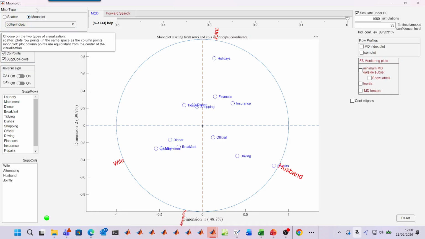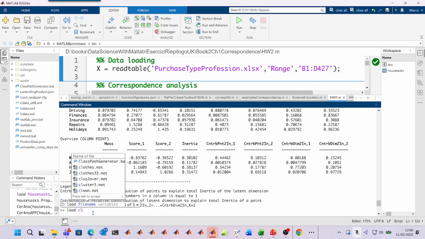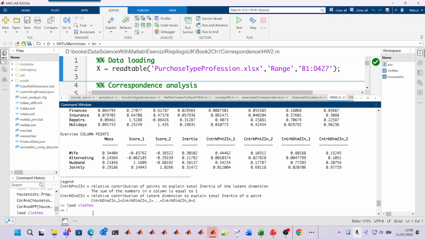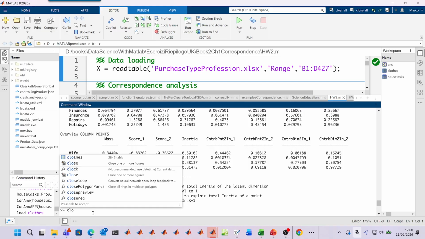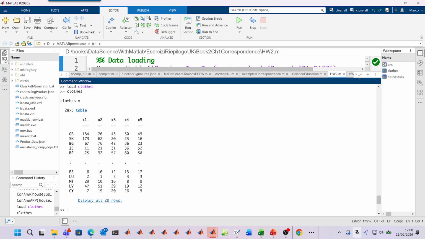Now, let us see the last example, which is called the clothes data. Let me describe. I don't know if you know the Joint Research Center of the European Commission.